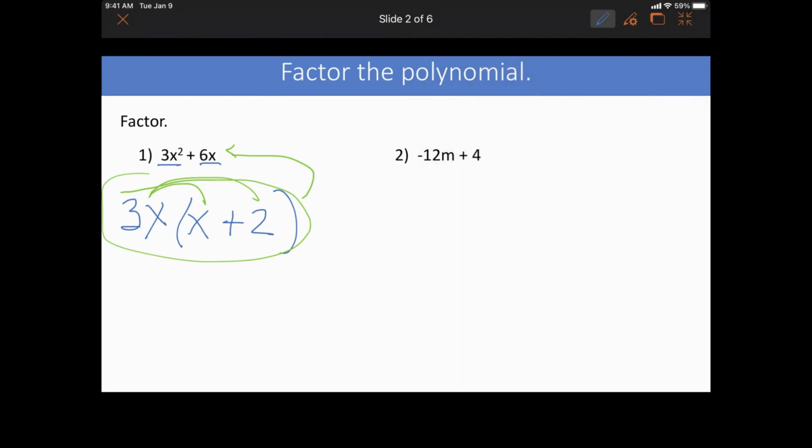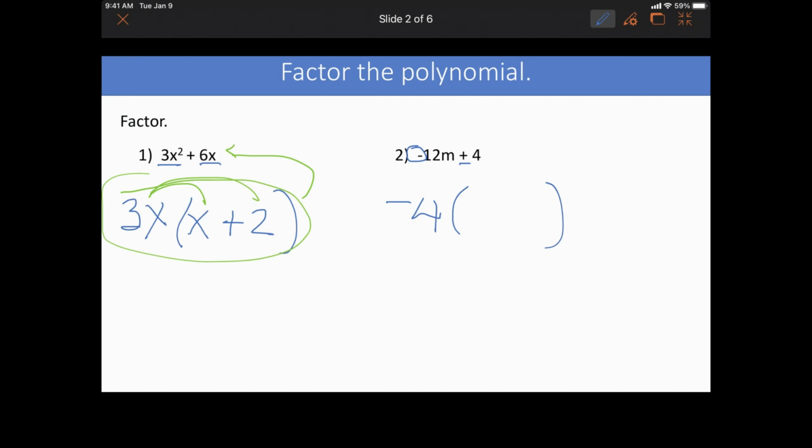So I have 12 and 4, so 2 can go into both. But is that the greatest factor? Let's look again. I think 4 can go into both. Now before we do that, there's this rule. If there's a negative in front, you have to factor it out. I'll explain why in a moment. That will change the sign here as well.